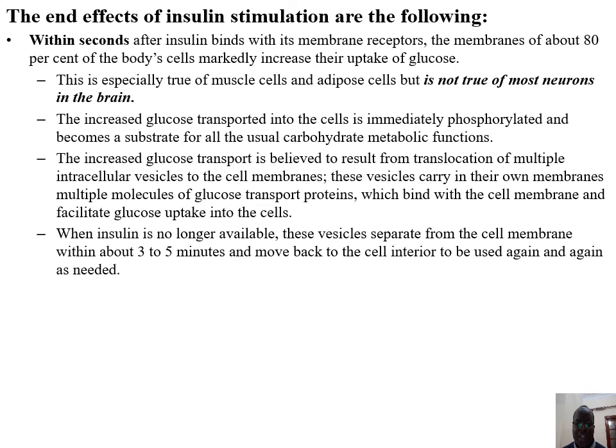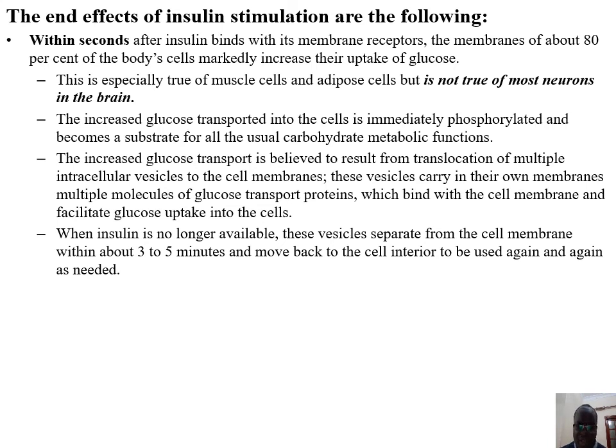This is essentially true of muscle cells, adipose cells, but is not true of most neurons in the brain, because these neurons don't necessarily depend on insulin for them to internalize glucose. They depend on glucose as a source of energy. So you find that whether you have insulin or you don't have insulin, they will still internalize glucose.